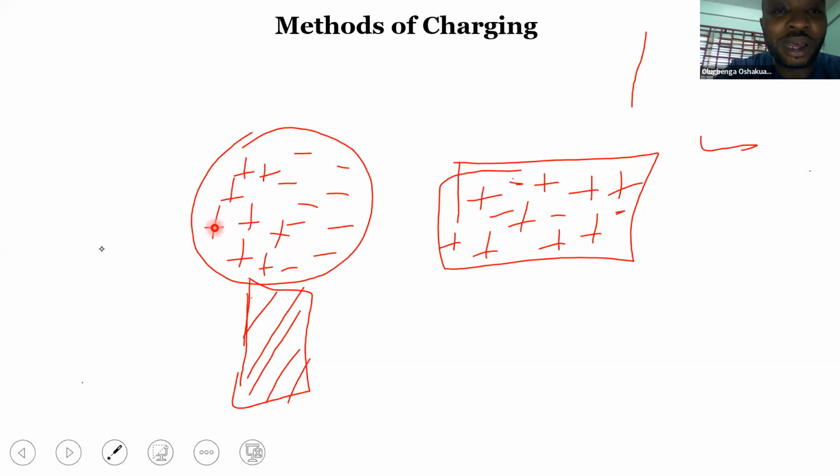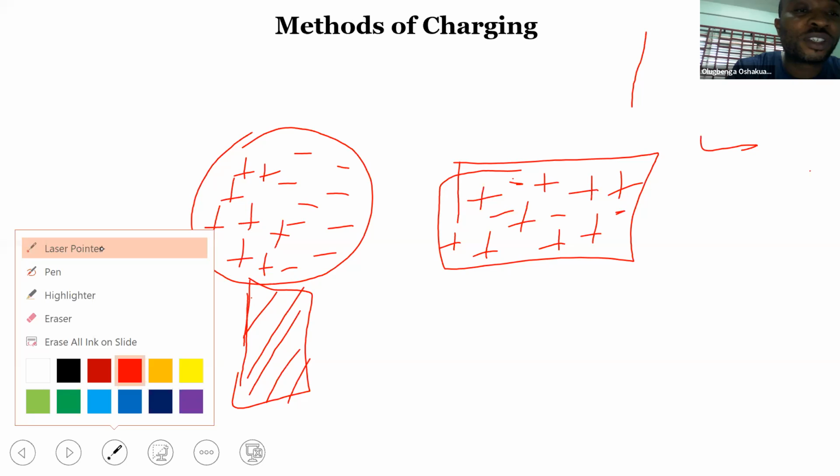So when this happens, you have brought the charged body close to this neutral sphere. The charged particles are no longer random. They are now responding to the presence of the field created by this charged body. There is no contact. It has just been brought close to it. And now you come to this particular corner and you touch it. The positive charges here would not flow to the ground.